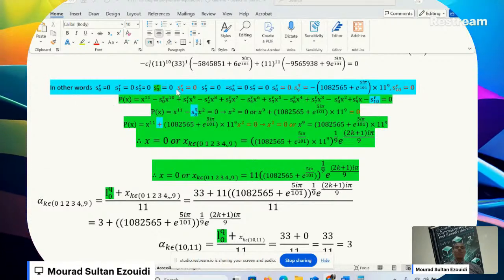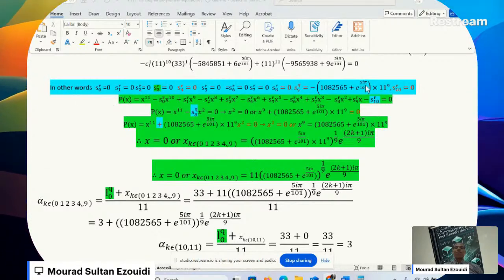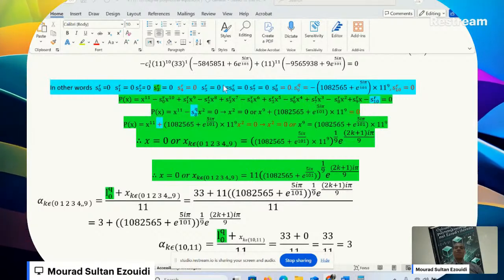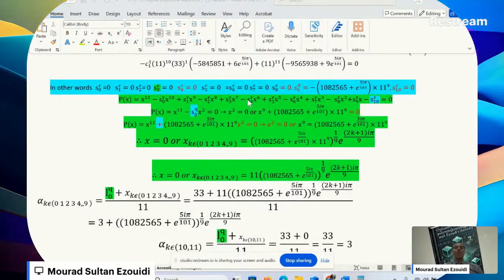So now, learners, professors, students and colleagues, these are the coefficients of this new 11th degree equation.